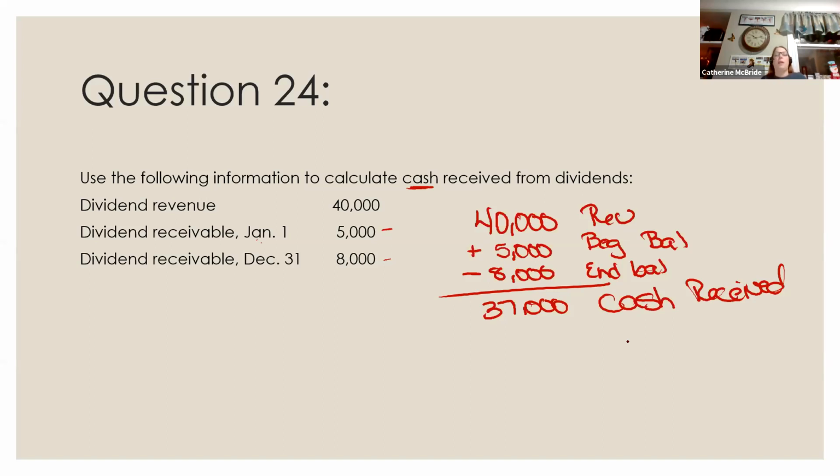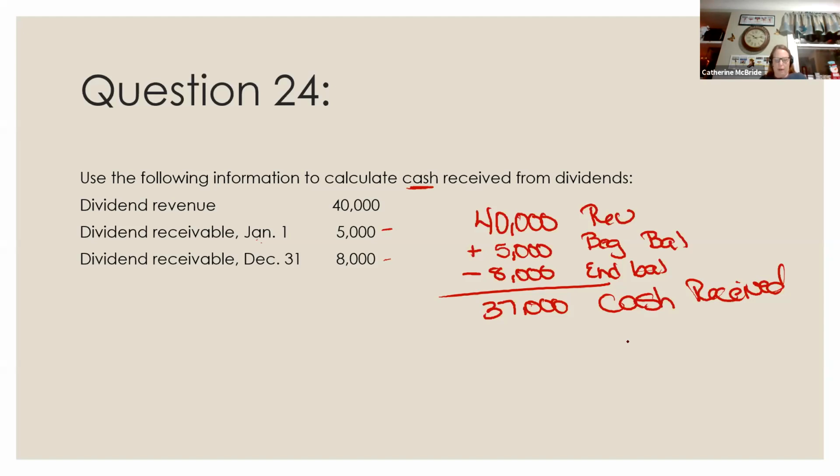Because I know that if my receivable increased, that means that there was revenue that I recognized that I didn't receive cash for. In this case, it's dividend revenue that I recognized that I did not receive cash for.